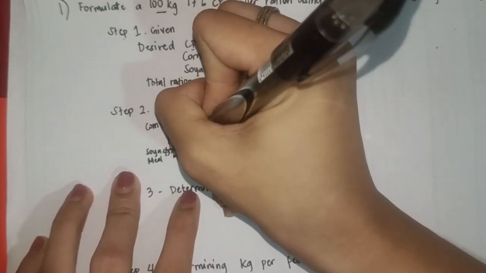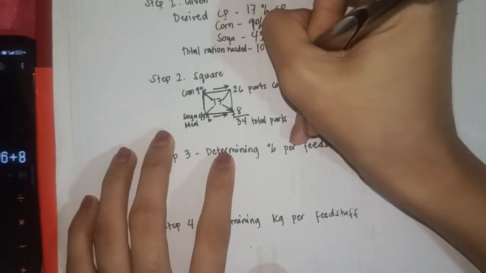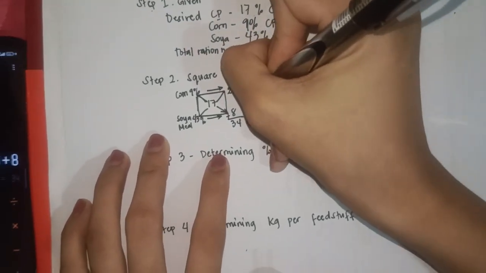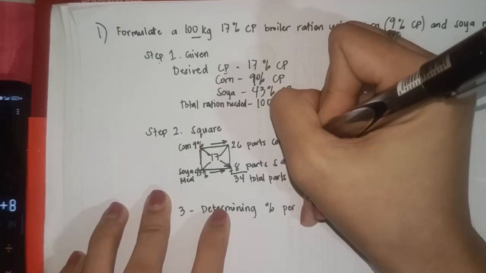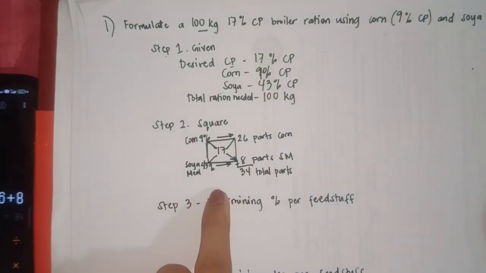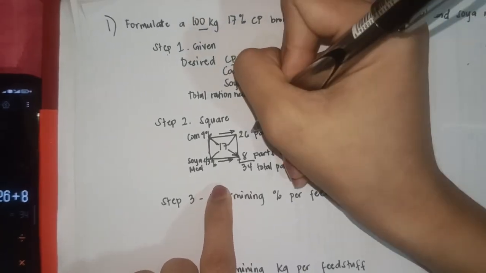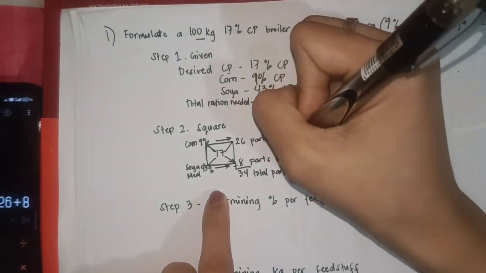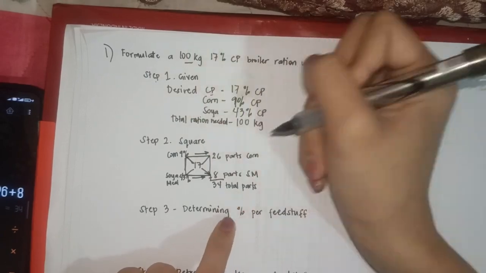This one is actually for corn, the 26 parts. And for the soya meal, let's just write SM. So we have 26 parts for corn and 8 parts for soya meal. That completes step 2.